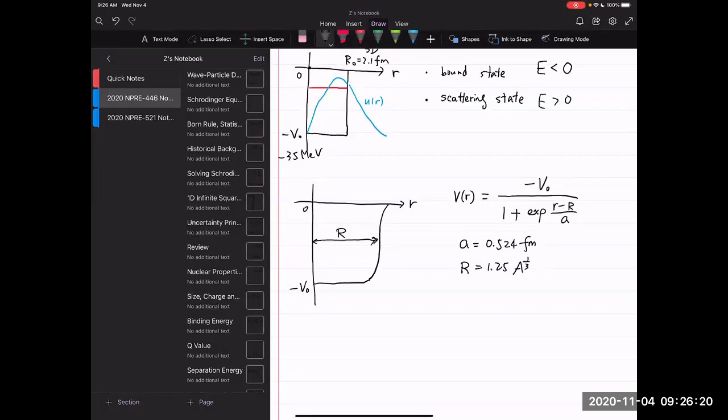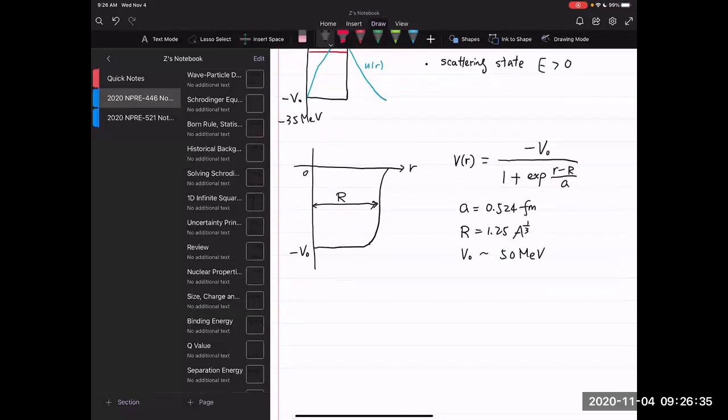And then V naught is roughly 50 MeV. So this could be a potential we can use to approximate heavier nuclei.